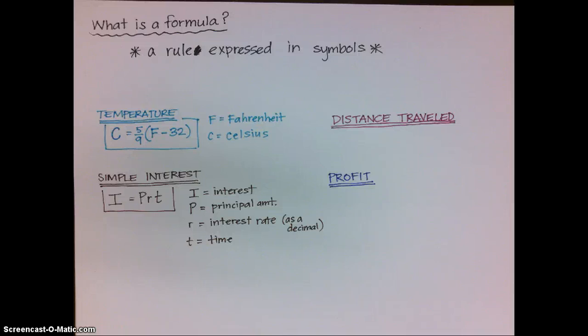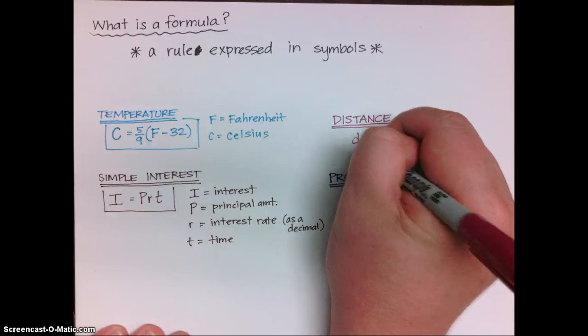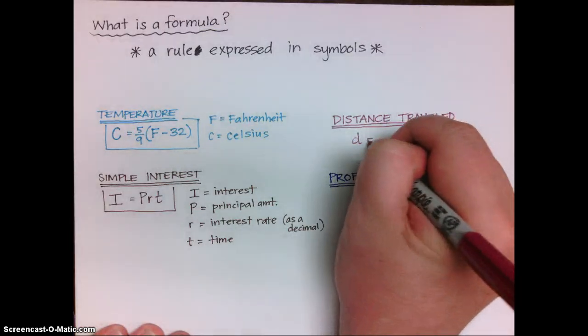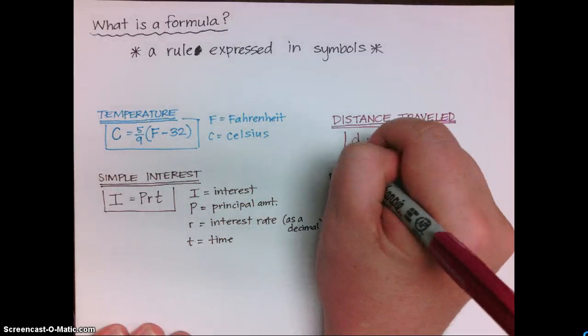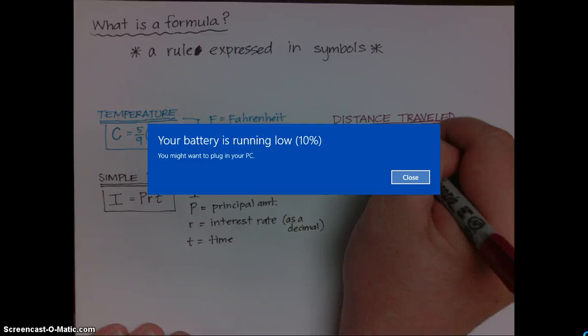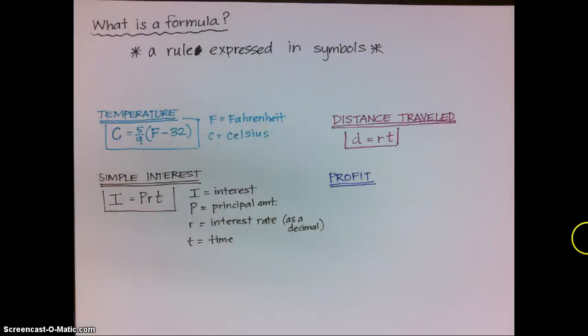The next one I'm going to give you is in pink. It's the distance traveled, and it's a very short formula. Lowercase d equals r times t. All of these are lowercase. Oops, and it looks like my battery's dying.